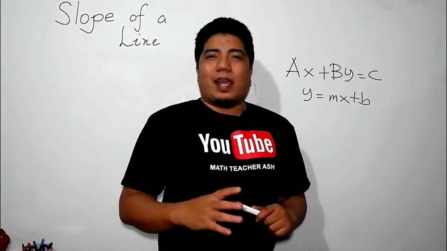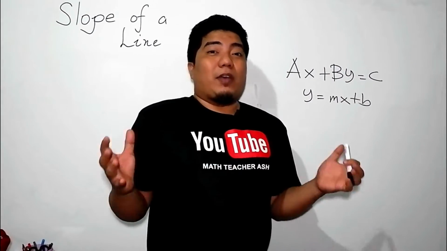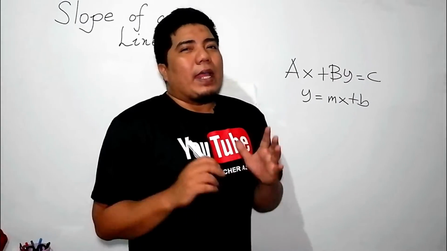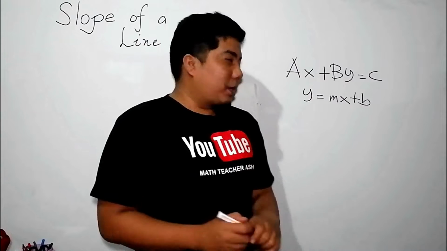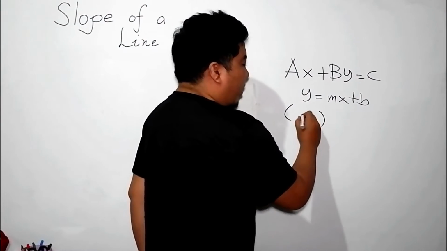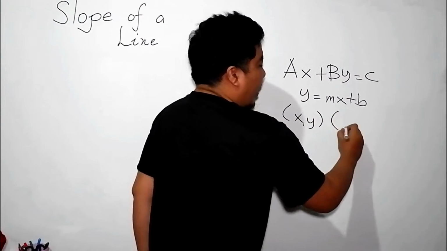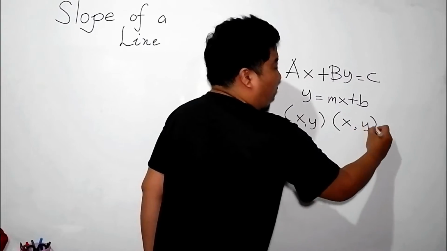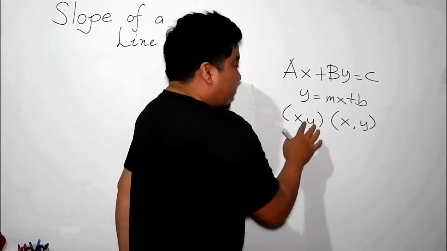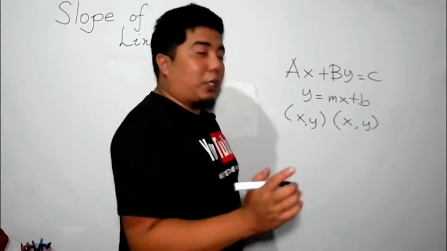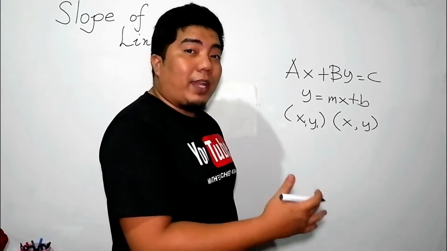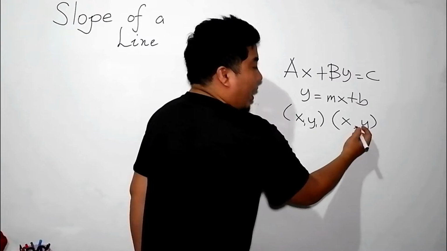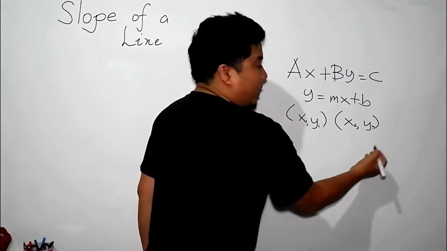Now, let us try how to solve for the value of its slope. Depending on the given, if we talk about 2 points, meaning an ordered pair x and y, and another ordered pair x and y, since there are two different ordered pairs, we can name the first ordered pair x sub 1 and y sub 1, while the other is x sub 2 and y sub 2.